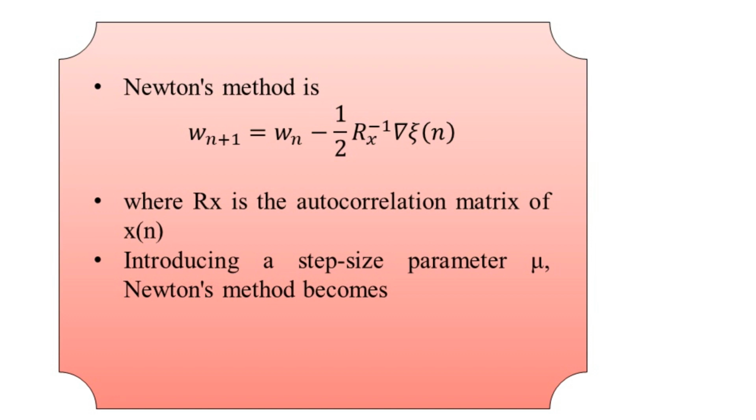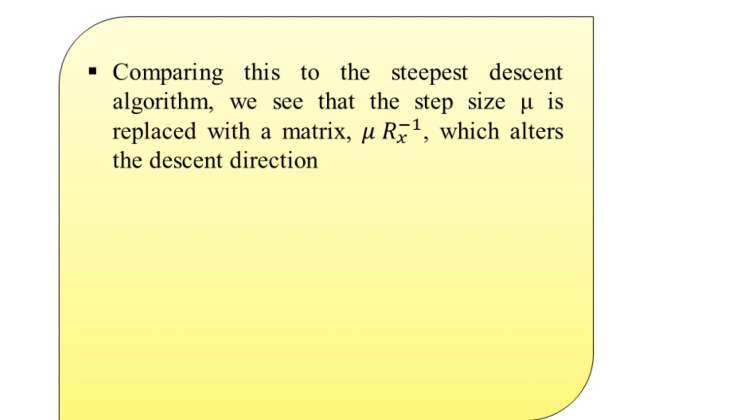The update equation is w suffix n plus 1 is equal to w suffix n minus 1 by 2 times mu into the inverse of capital Rx into the gradient of the mean square error xi of n. Comparing this to the steepest descent algorithm, we see that the step size mu is replaced with a matrix, mu into Rx inverse, which alters the descent direction.